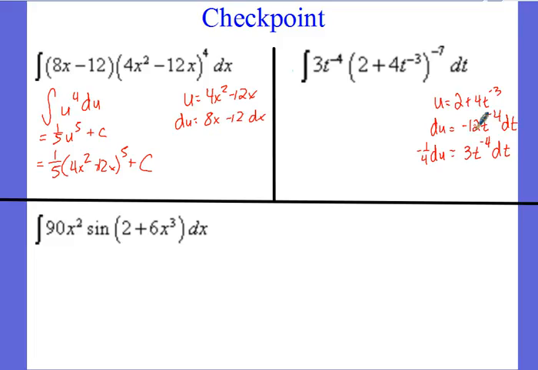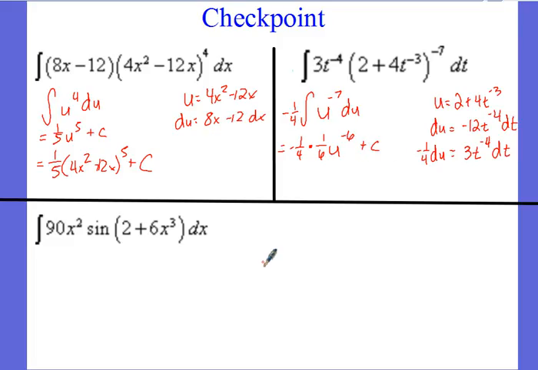So then now, what do I have? Negative 1/4 integral of u to the negative 7 du. So here's my negative 1/4 du, and then here's my u. You got that? So then now integrate. The negative 1/4 is going to stay there. And then what's the integral of u to the negative 7? It would be negative 1/6 u to the negative 6, of course, plus c.